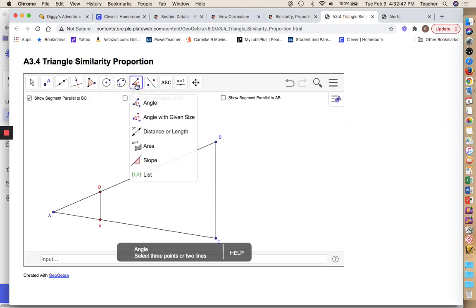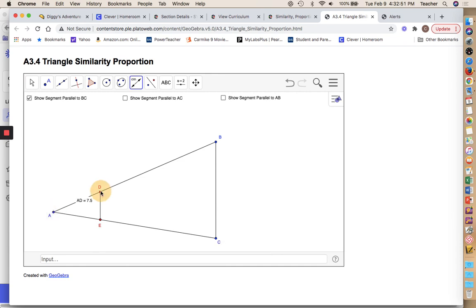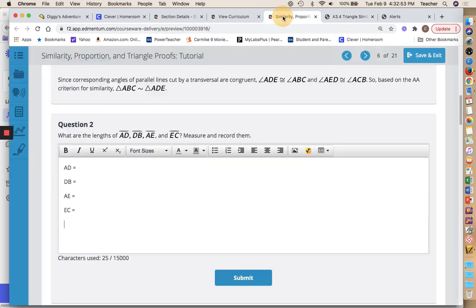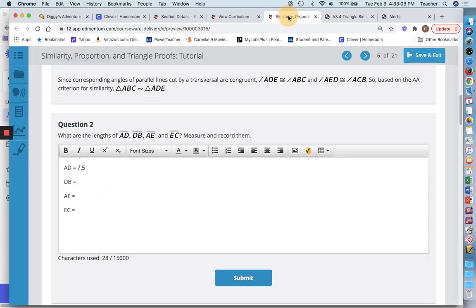So I'm going up here to my angle icon and selecting distance or length, and I'm going to click on AD. I got 7.5. All right, next up is DB. So I'm going to click on DB. I got 18.5. Next up is AE.